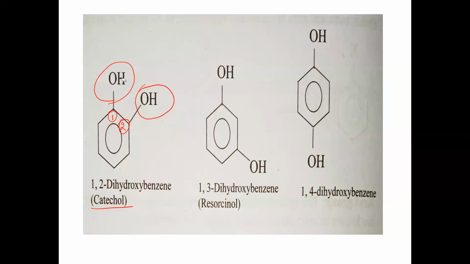Next one. The OH group is at the first position; if you take the next, it will be the second carbon, then the third carbon, and the third carbon bears an OH group. So it is 1,3-dihydroxybenzene, commonly known as resorcinol.